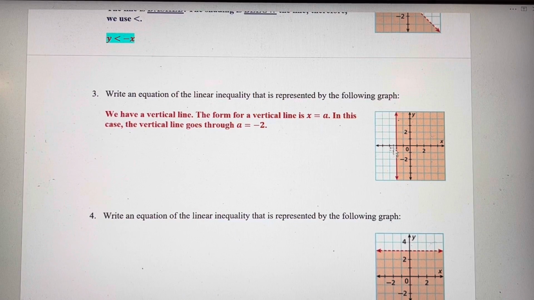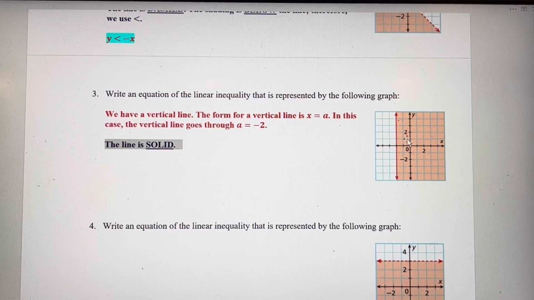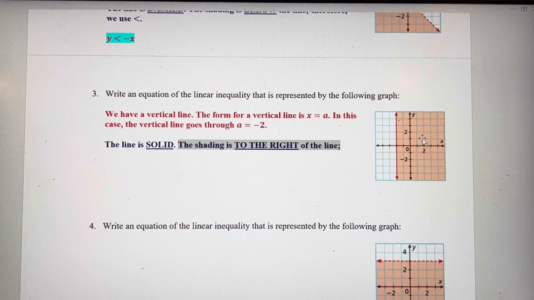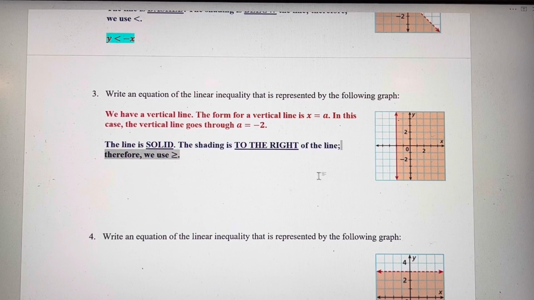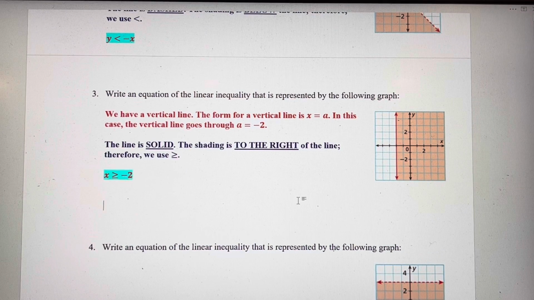So my equation for this line would be x equals -2, all right? But we've got an inequality because we've got shading here. The line is solid, okay? The shading is to the right of the line, okay? So therefore my inequality symbol is going to be greater than or equal to, okay? So x is going to be greater than or equal to -2, okay? X is greater than or equal to -2.